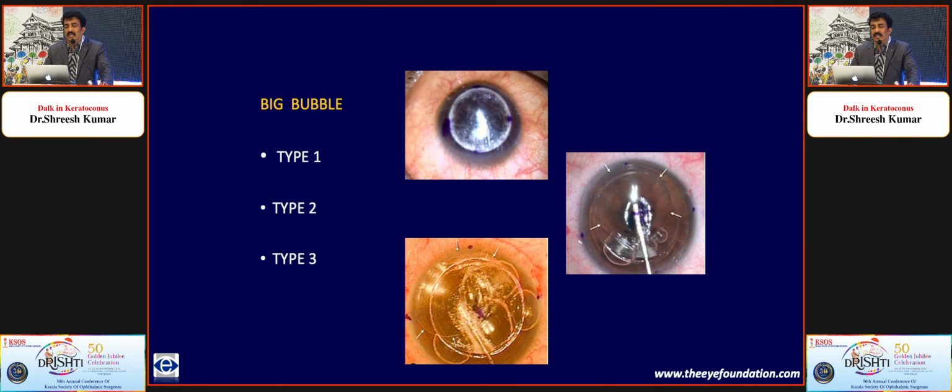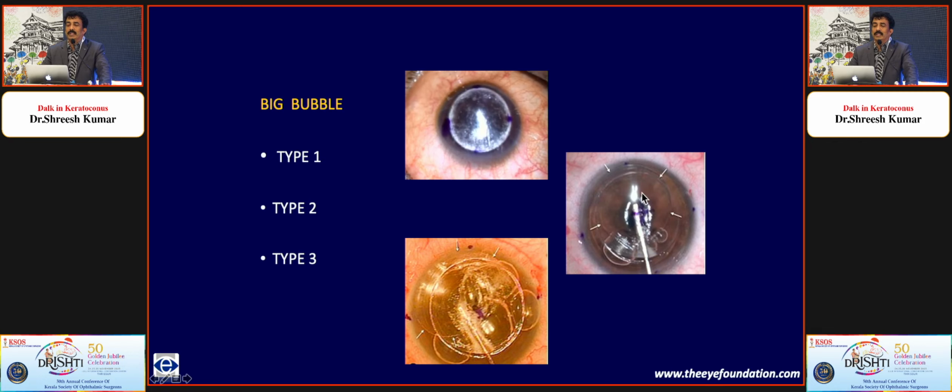And there are three types of bubbles. Type 1 bubble is the white margin bubble. This is actually the strongest bubble. The chances of perforation with the type 1 bubble are very less as compared to type 2 or type 3 bubble.